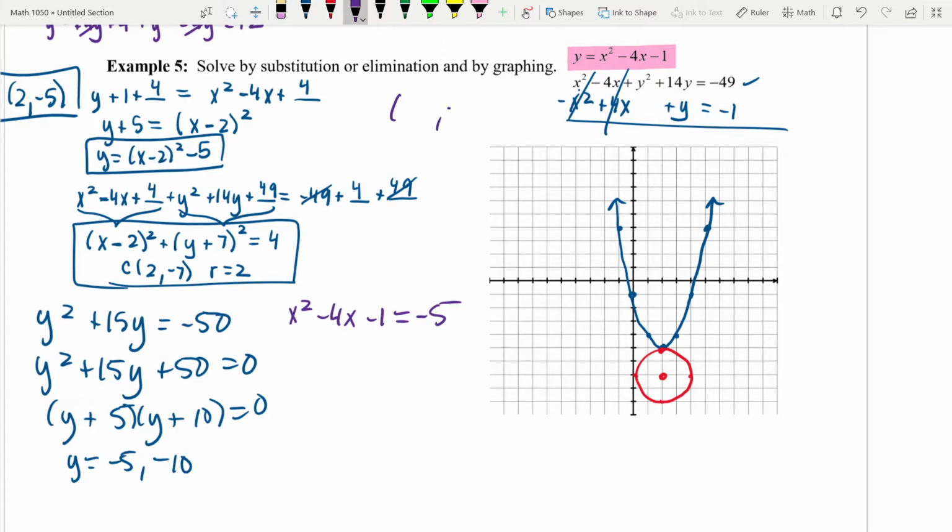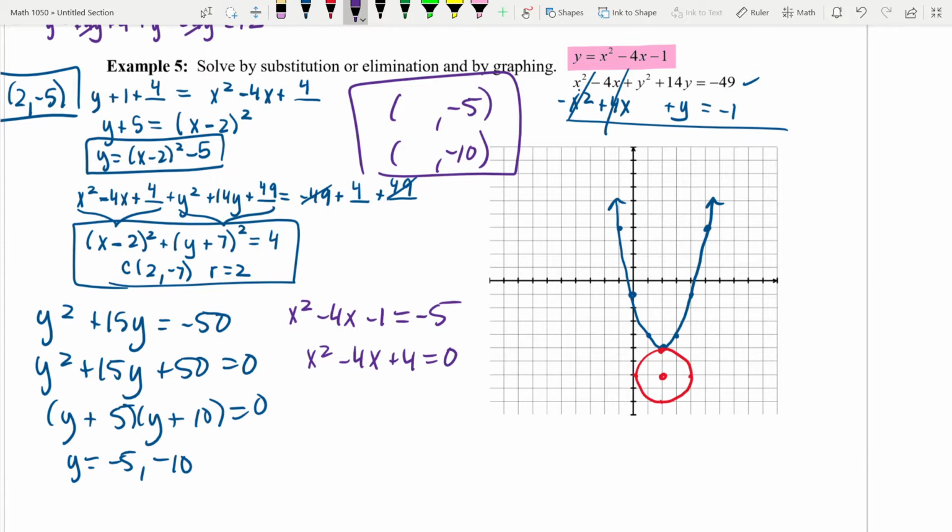Pull my 5 over. So I have x squared minus 4x plus 4 equals 0. Then I factor x and x. Signs are the same, they're both negative. 2 and 2 multiply to give me 4 and add to give me 4, and I get x equals 2. So that guy matches up.